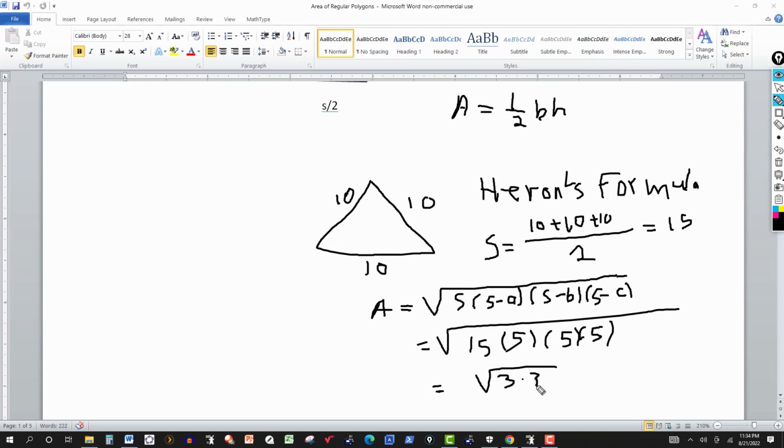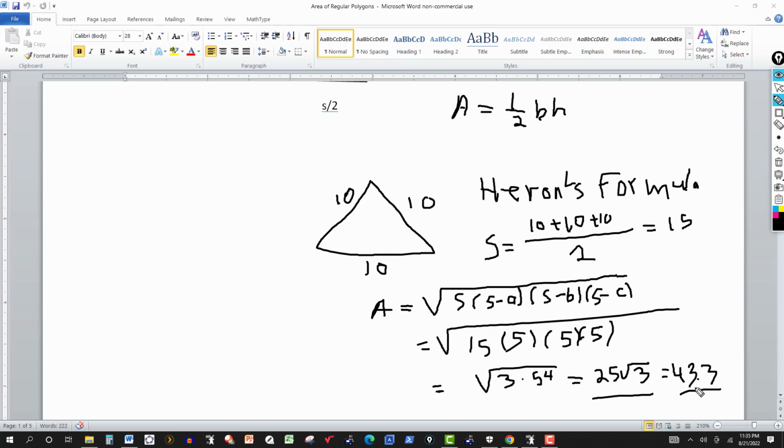So I can just put 5 to the 4th. So that's 625. So the square root of 625 is 25. That comes outside the radical. And I get 25 times the square root of 3. Which is the same thing as the calculations we got earlier. 43.3 square units.